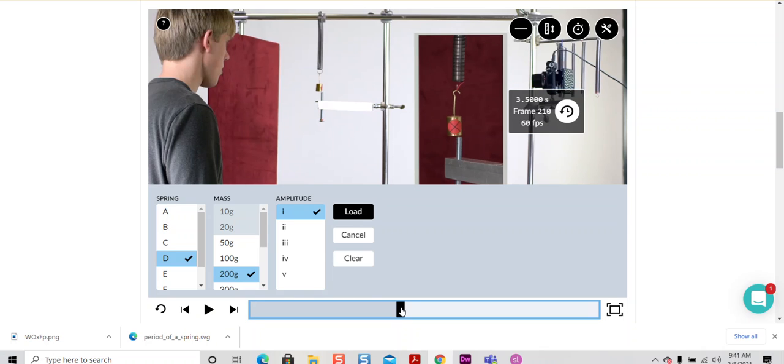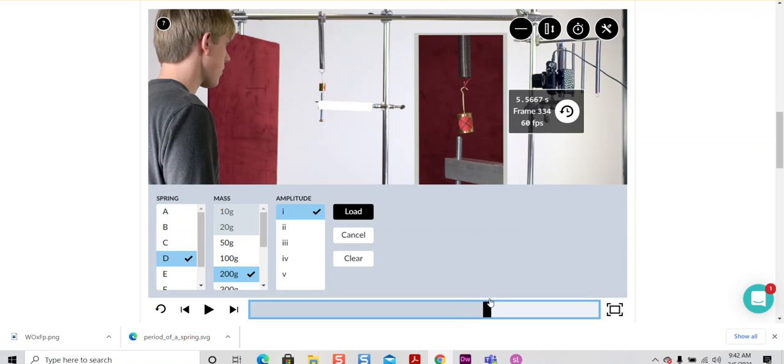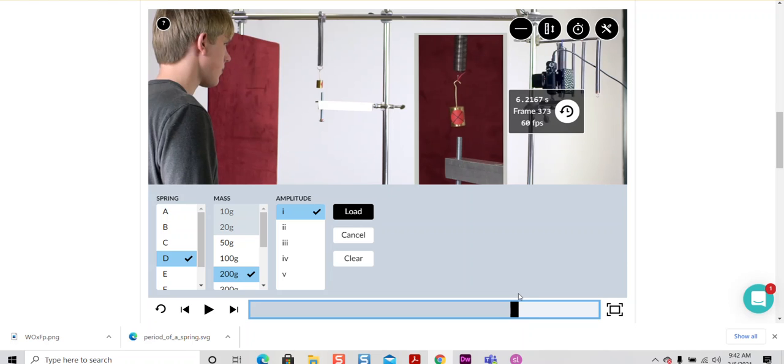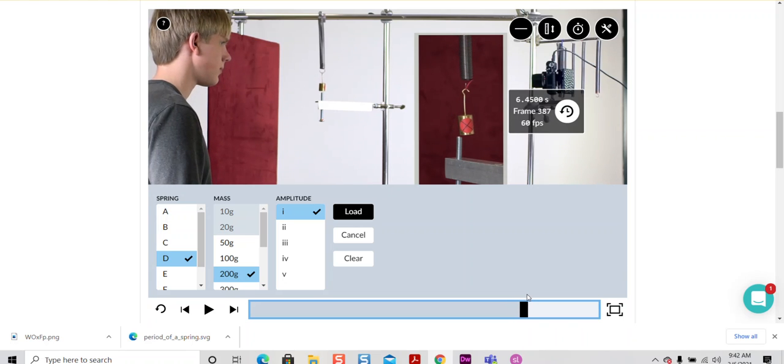Okay, so 3.500 is at its lowest point, and it goes 1 oscillation, 2 oscillations, 3, 4, 5, 6, 7, 8, 9, 10, 11, 12, 13, 14, 15, 16, and so forth.